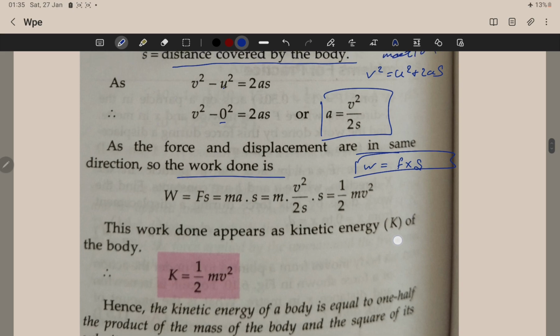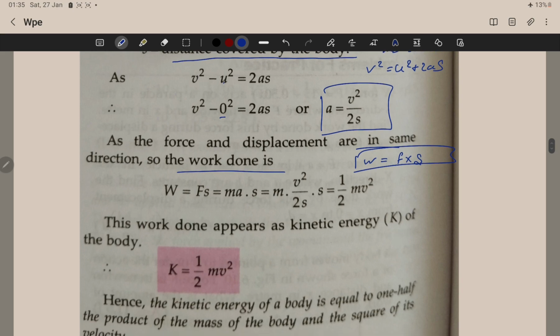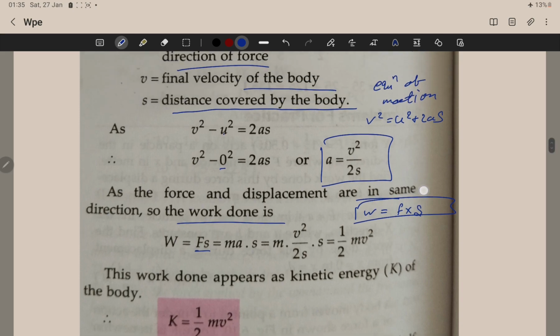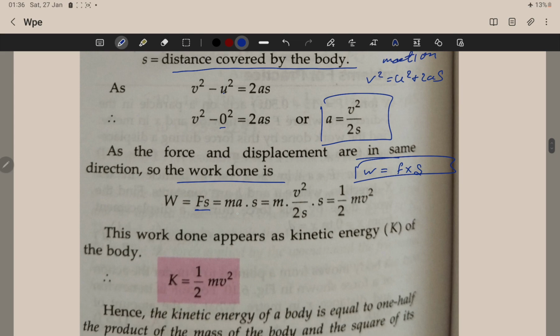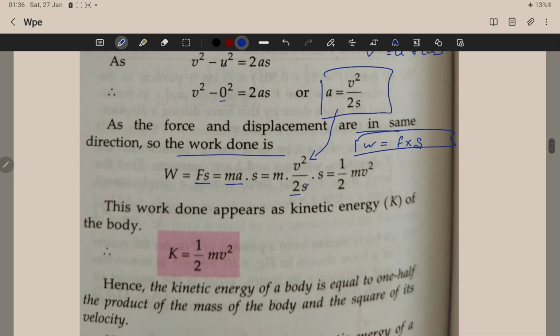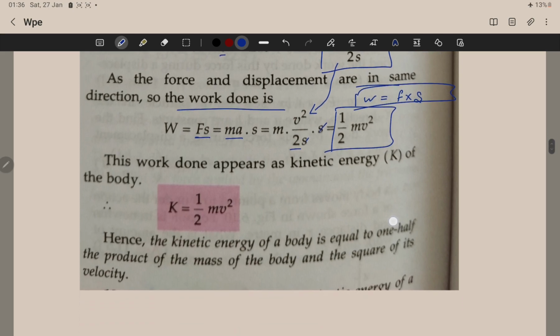So the work done becomes force into displacement. We know the force here, by Newton's second law, is mass into acceleration. So we put the value of force as mass into acceleration, and then we put the value of acceleration as v square by 2s. Here s gets cancelled out, and we get the formula of kinetic energy: it becomes half mv square.